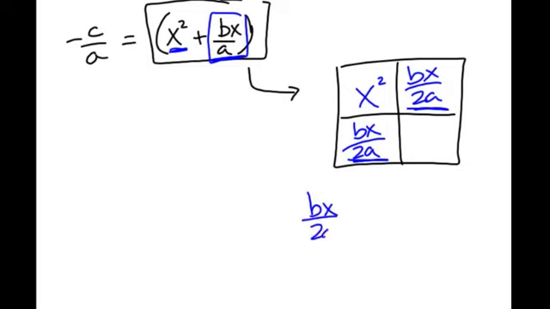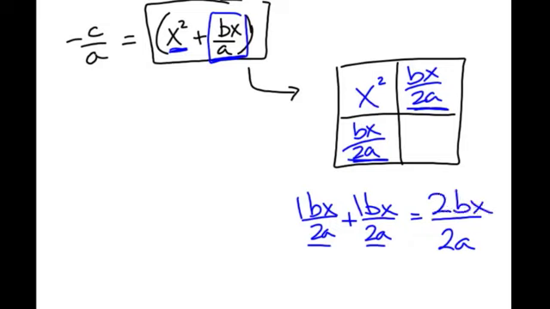Bx over 2a plus bx over 2a. When we're adding fractions with a common denominator, it stays the same. So we have 1bx plus 1bx, which is 2bx. The 2's cancel. We're left with bx over a, which is what we started with. So we're looking good.